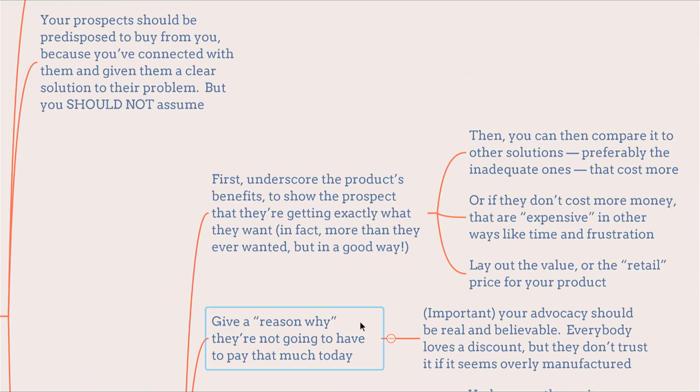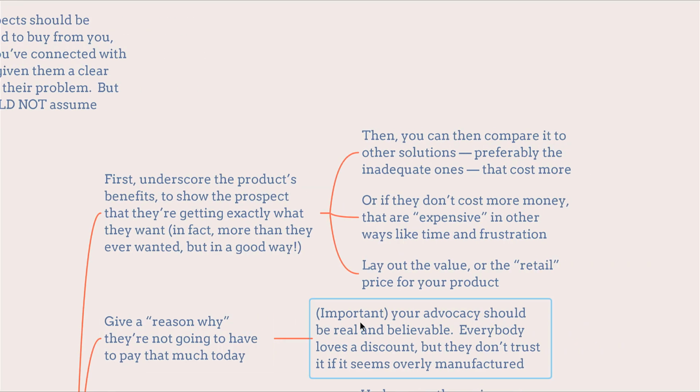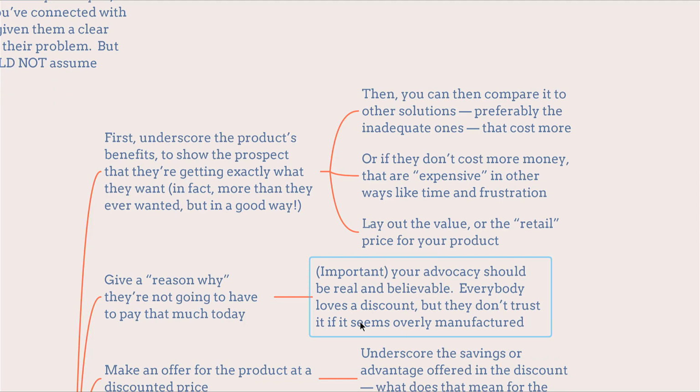First, underscore the product's benefits to show the prospect that they are getting exactly what they want. In fact, more than they ever wanted, but in a good way. Then you can compare it to other solutions, preferably the inadequate ones that cost more. Or if they don't cost more money, that are expensive in other ways, like time and frustrations.